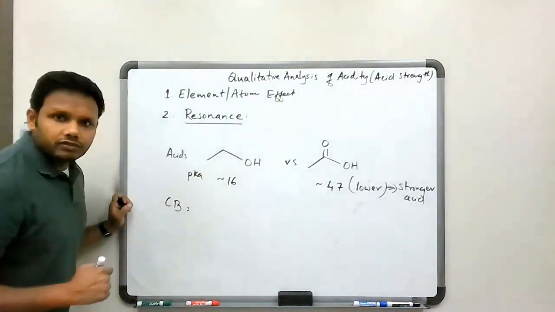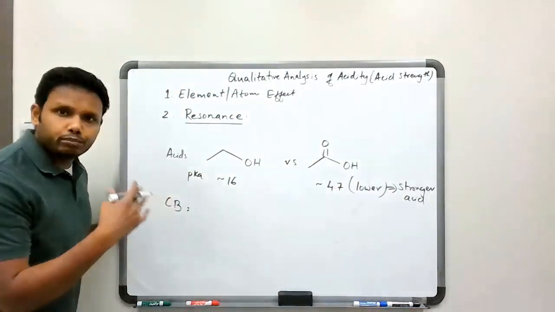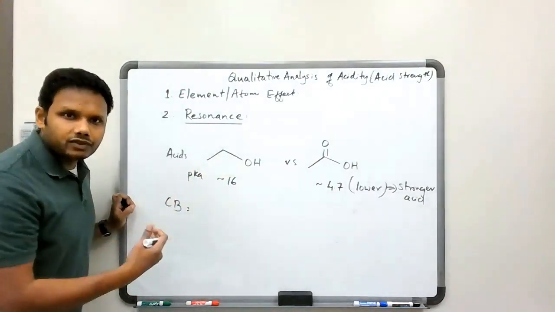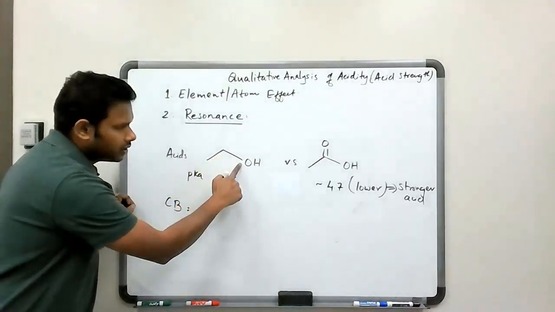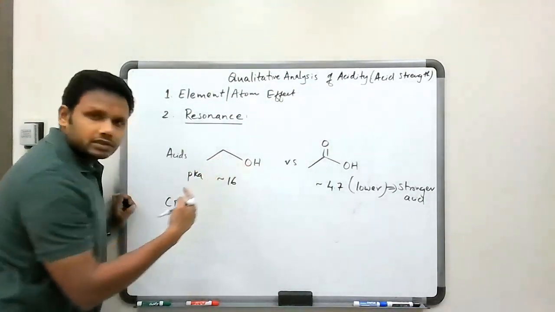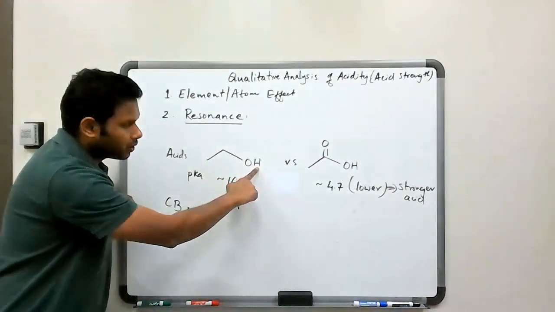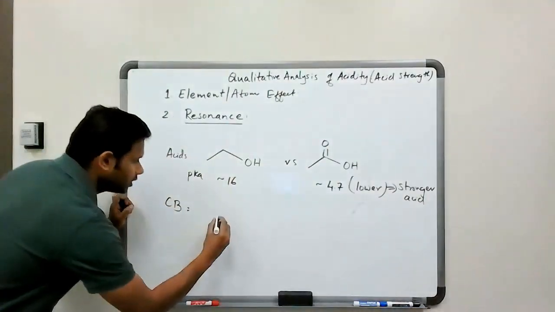For the conjugate base of this alcohol, remember, you have to remove the proton from the acid. Whatever you get after that is your conjugate base. I have this structure here, and it is very likely that the proton that is going to be lost is the hydrogen connected to the oxygen, because oxygen is an electronegative element.